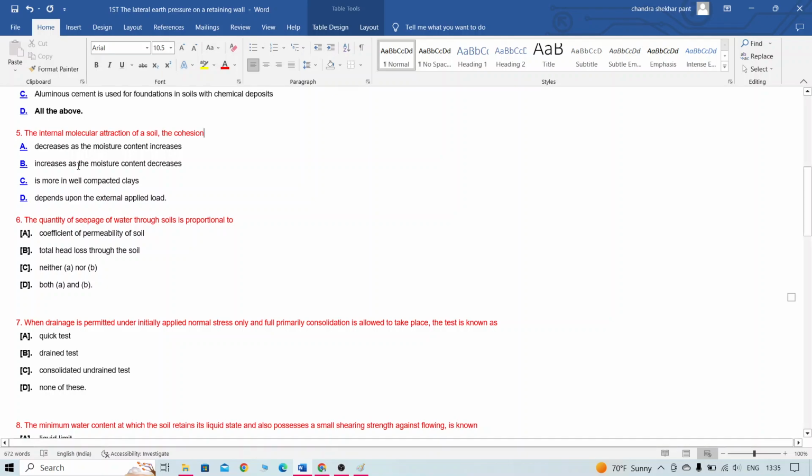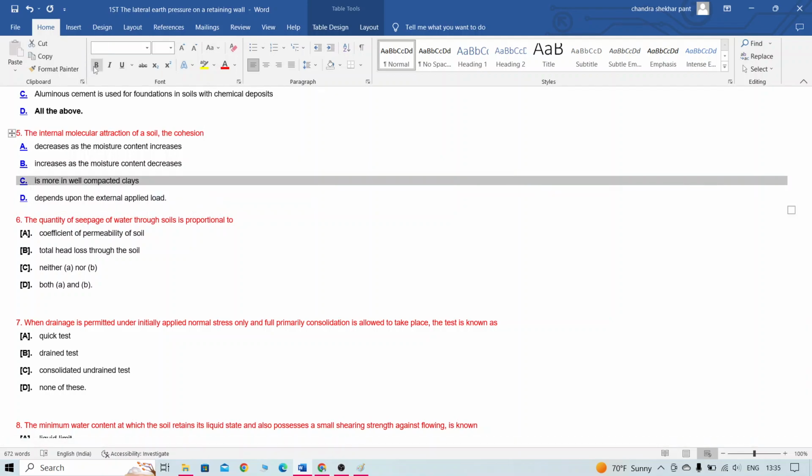Increases as the moisture content decreases, not so good. Is more in well compacted clays, depends upon external applied loads. The option which holds good out of these four is more in well compacted clays.